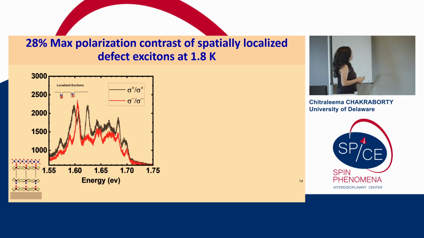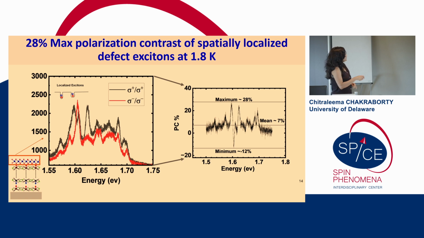So then we try to use these spatially localized excitons and really see what is happening. If you spatially localize, we are reading out in much smaller domains instead of averaging over a large number of domains in the surface layer. When we do that with the localized excitons, you can see that the contrast changes much more, and when we integrate all of this, the mean comes down to 7%.